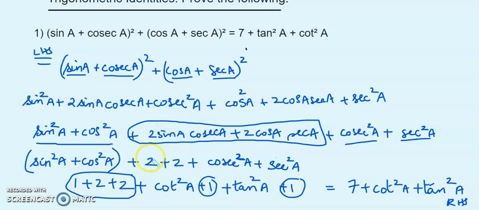Sin a into cosec a is going to be 1, so 2 into 1 is 2. Cos a into sec a is going to be again 1 because they are multiplicative inverses, so 2 into 1 is 2. Cosec square a, I've changed to cot square a plus 1. And sec square a, tan square a plus 1. So 1 plus 2 plus 2 plus 1 plus 1 is going to give us 7, plus cot square a plus tan square a. Clear?